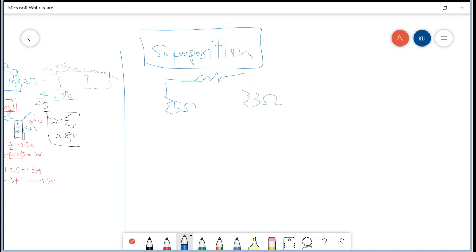So for a resistive circuit, you don't really need superposition to solve it. But if you can handle this method, it will be very useful when you need to solve the sinusoidal steady state for an RLC circuit, especially with multiple sources with different frequencies.